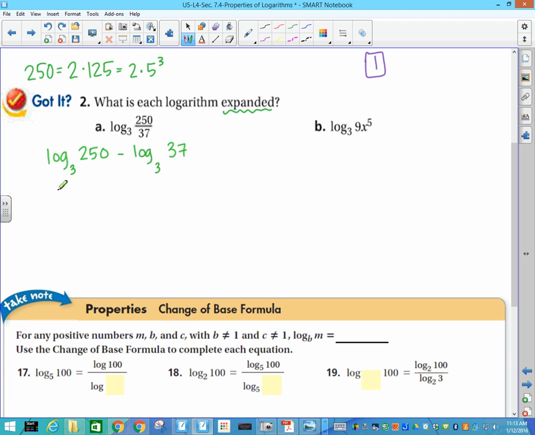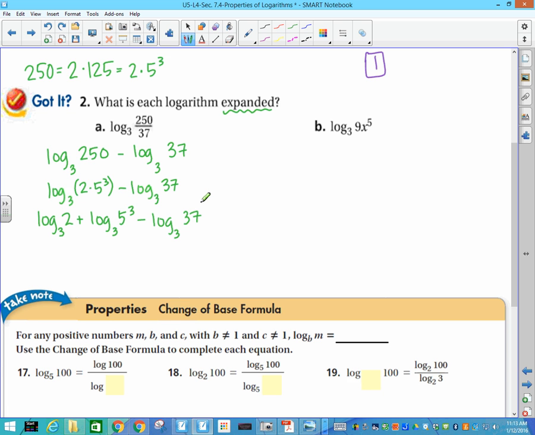So this is going to be the log base 3 of 2 times 5 to the third minus log base 3 of 37. That's a product, so I'm going to break up my product to log base 3 of 2 plus log base 3 of 5 cubed minus log base 3 of 37.